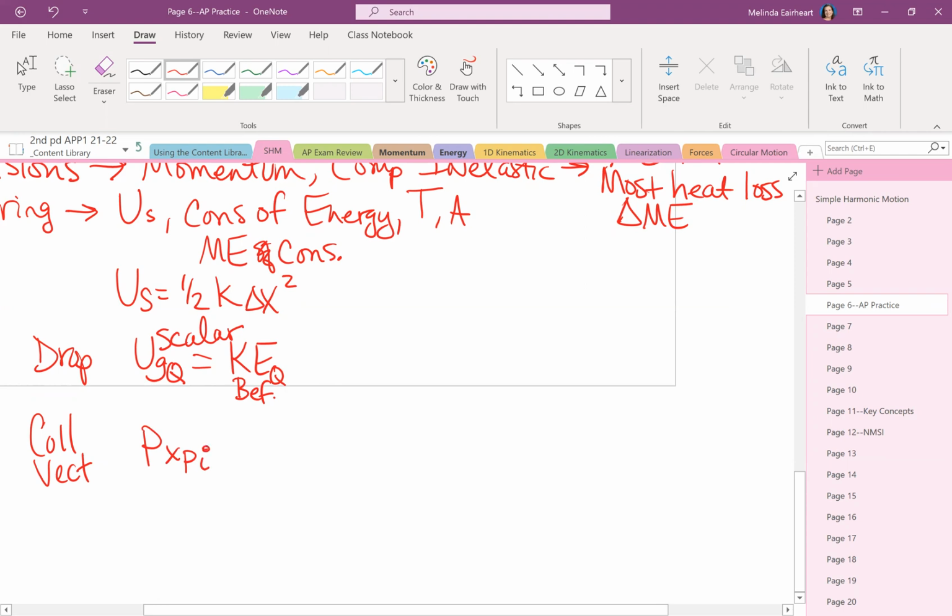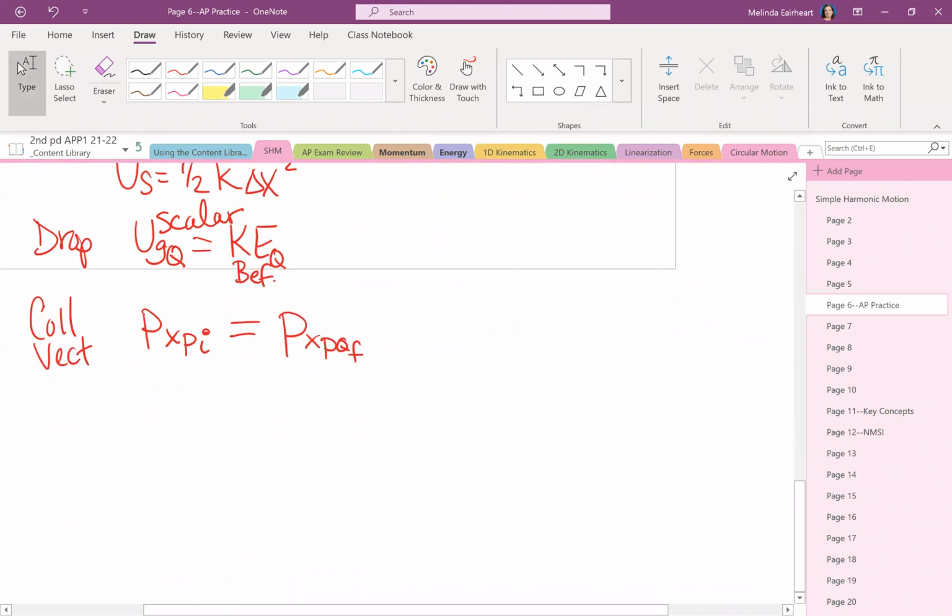Horizontally, Q has none. After the collision, momentum is conserved. Now they stick together. And so it's the horizontal momentum of PQ final. And I can rewrite that in M and V terms. And so the mass of P and its horizontal initial velocity equals MP plus MQ and its final horizontal velocity. Good.